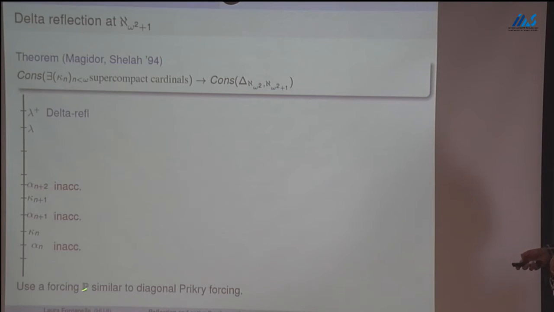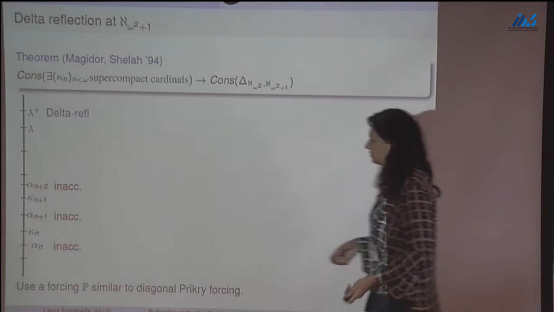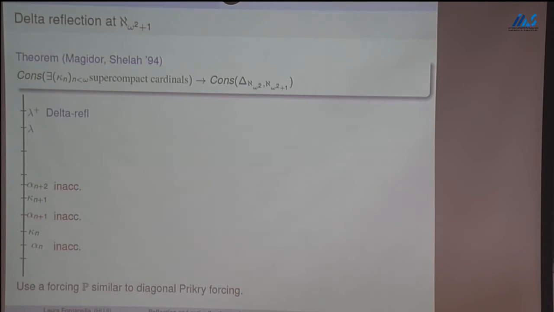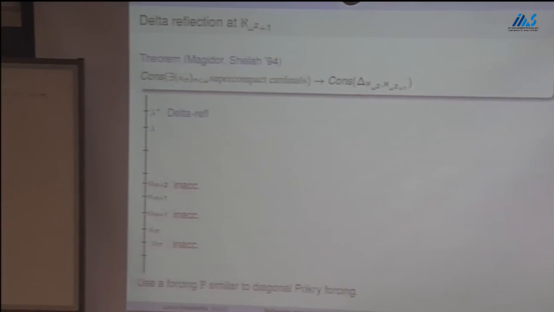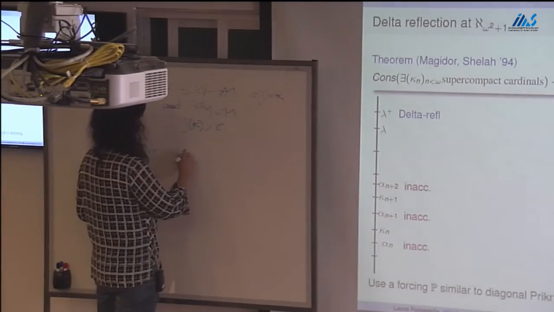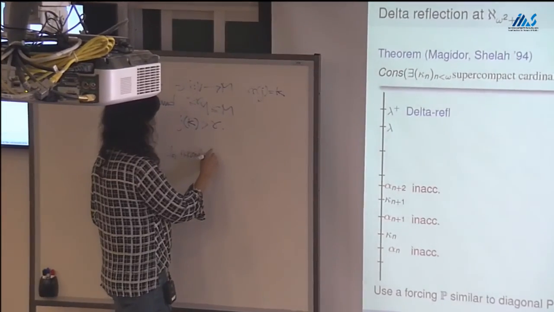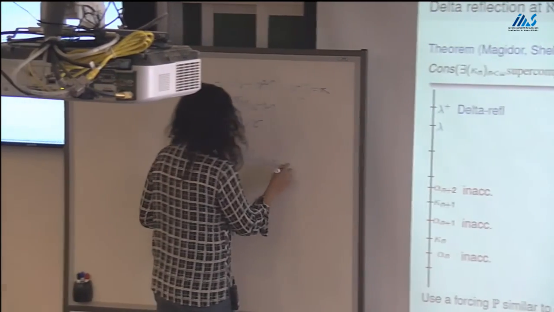To prove this, they defined a forcing notion that we can denote P, which is analogous to diagonal Prikry forcing. So for each kappa n, they fixed some normal ultrafilters on kappa n, and as is typical, let me write this down. For each n, you fix a normal ultrafilter on kappa n.